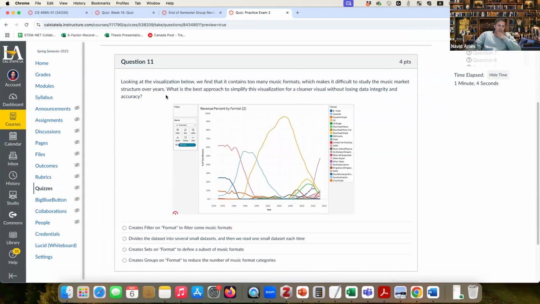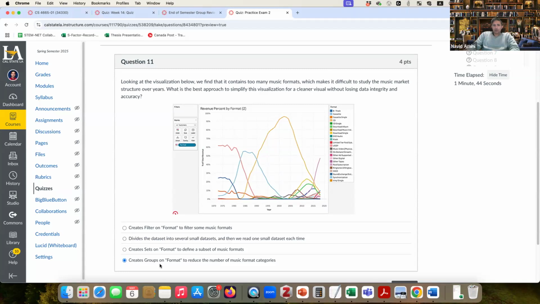This question is open for discussion. Let me know what you think as to which answer is the best approach. So as many of you indicated, the best approach to simplify this visualization is to create groups.